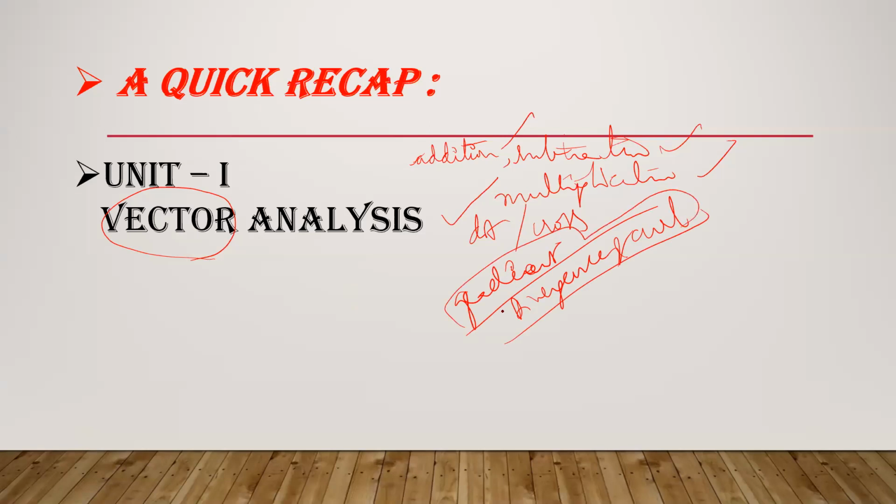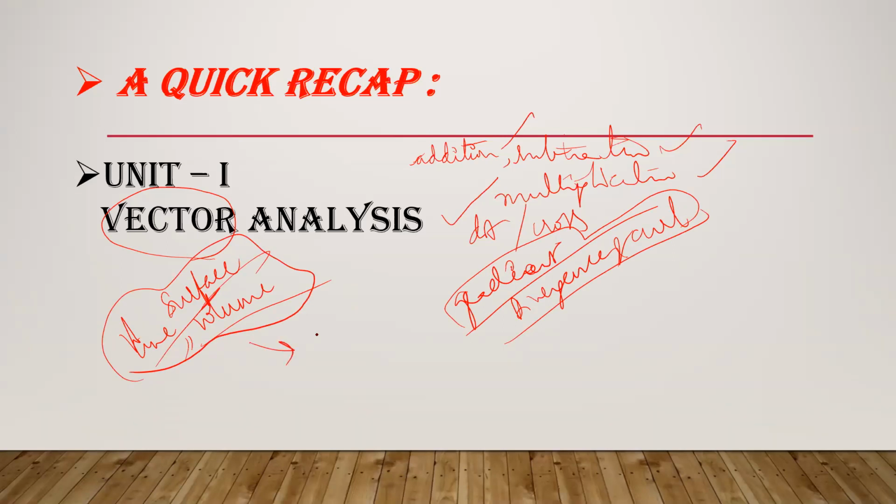Based on these three, we have again line integrals, volume integral, surface integral. Now these three integrals we have learned. Relating these three line integral, volume integral, and surface integrals, we have three theorems.